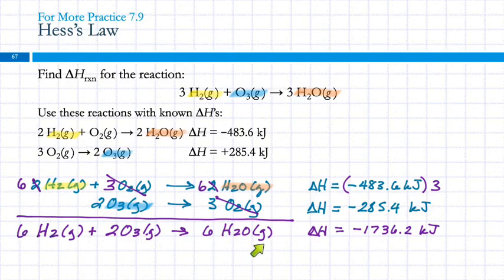My reaction down here looks a lot like what I was trying to get. Is it exactly the same? No. Up here I had 3 hydrogens, down here I have 6. Here I had 1 ozone, here I have 2. 3 waters, 6 waters. This equation is 2 times too large. So divide by 2.